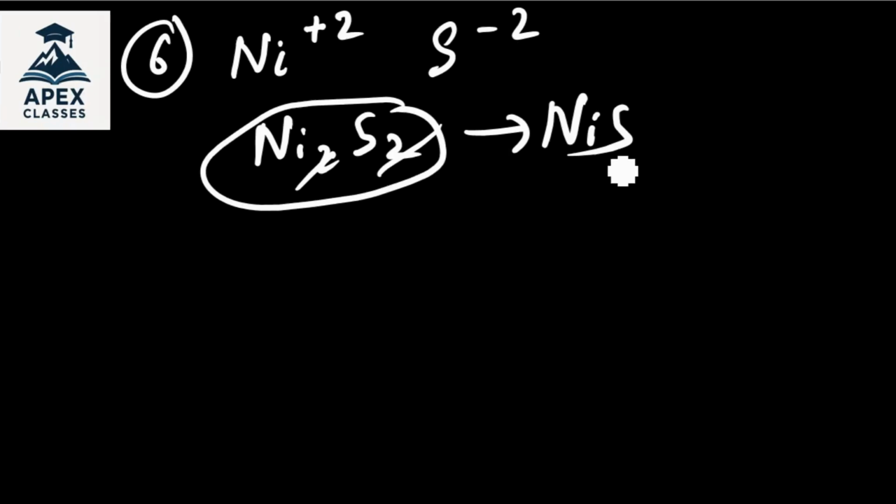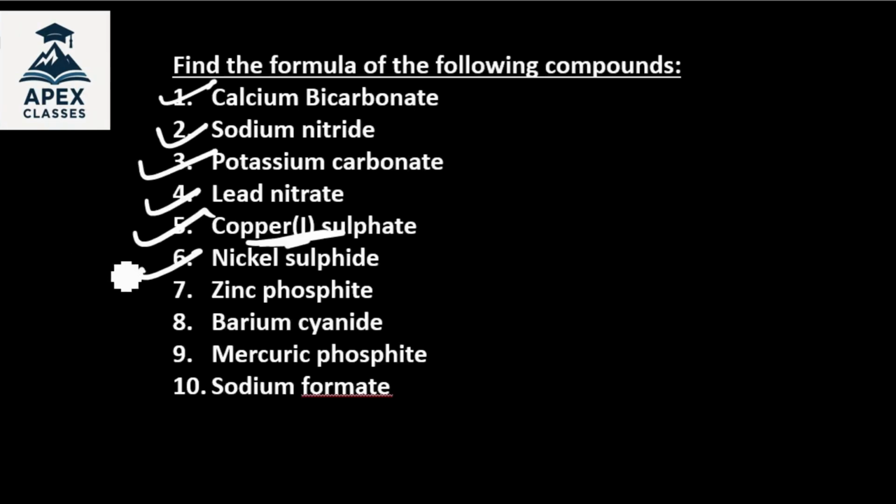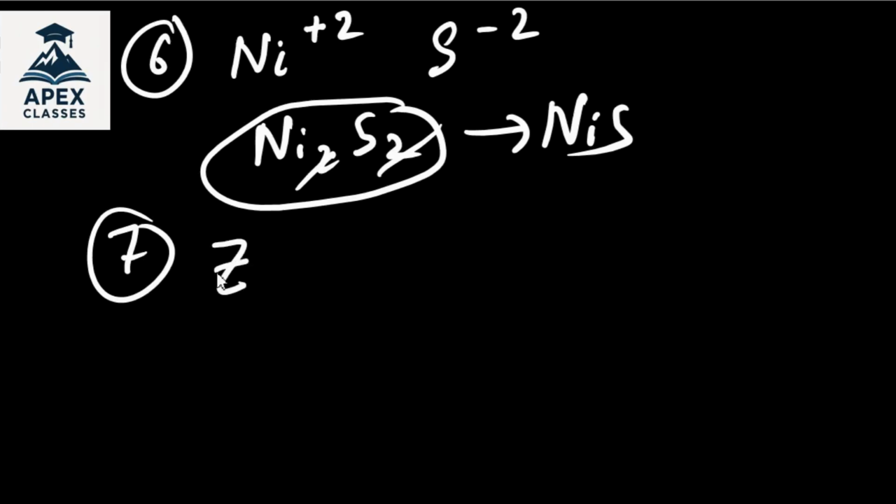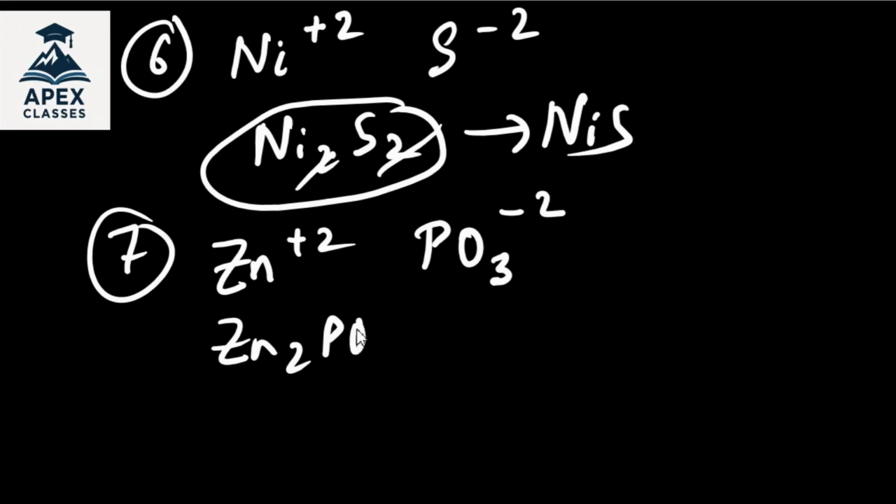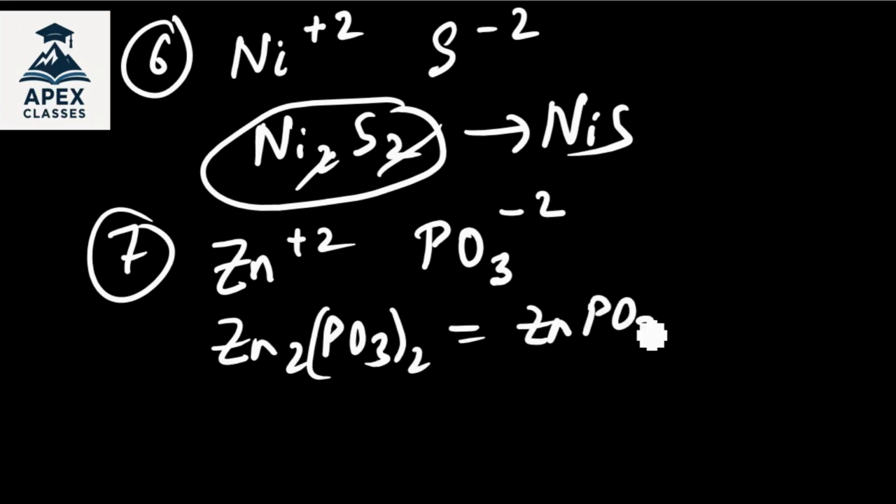You need to write NiS. Seventh one is zinc phosphite. Zinc is Zn plus 2, phosphite is PO3 minus 3. So Zn3(PO3)2, and then crisscross gives Zn3(PO3)2.